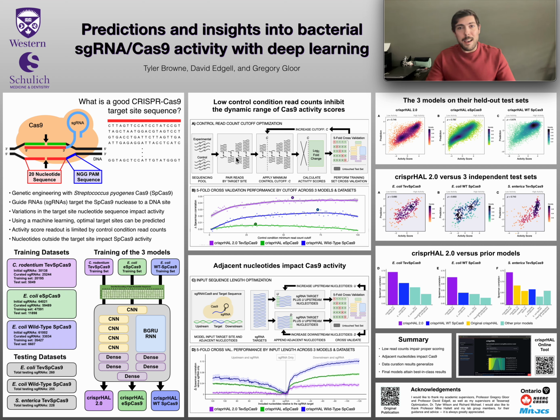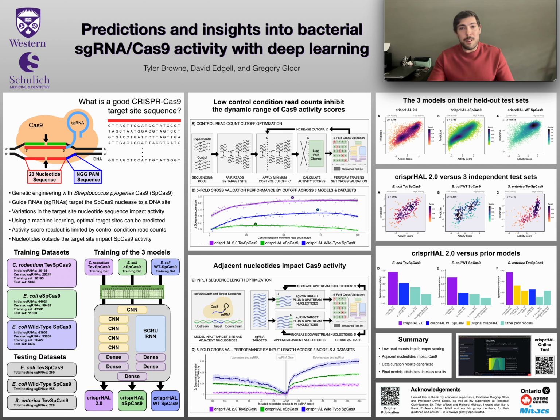And to begin, what I looked at was how low control condition read counts can inhibit the dynamic range of Cas9 activity scores. What we're measuring Cas9 with is sequencing readouts in both experimental and control conditions, and then we are creating a log fold change activity metric between the two conditions. However, when the control condition read counts are too low, you cannot successfully read out the activity in the experimental condition.